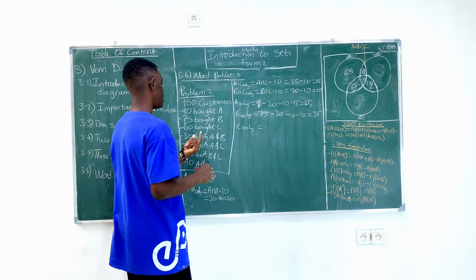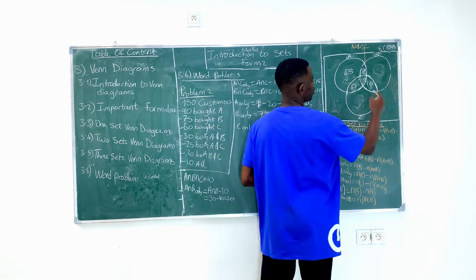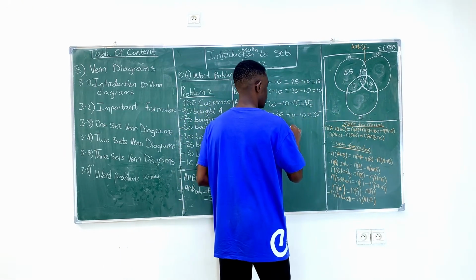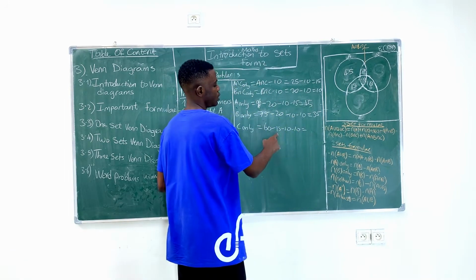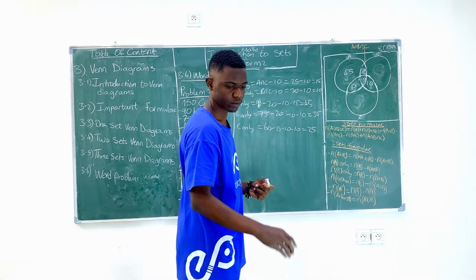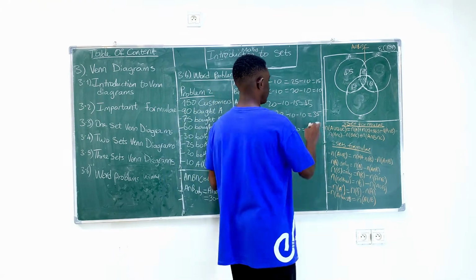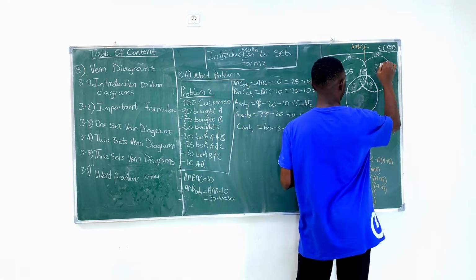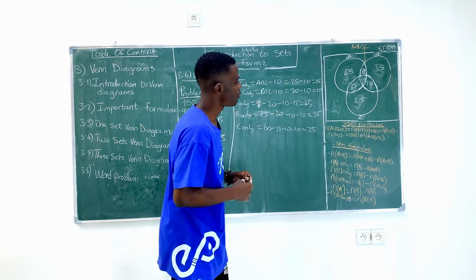C only is going to be 60 minus all of the intersections enclosing C. 15 minus 10 minus 10. 60 minus 35 is 25. So B only is 35 and C only is 25.